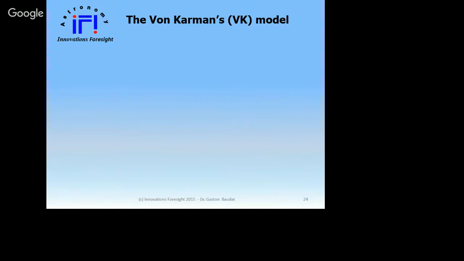So there is another model out there. There are many models, right? I mean, there is always a way to model the atmosphere better than the day before. But one common model to overcome the limitation of Kolmogorov is the von Karman model, the VK model.